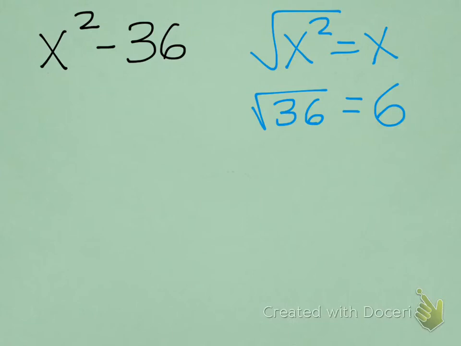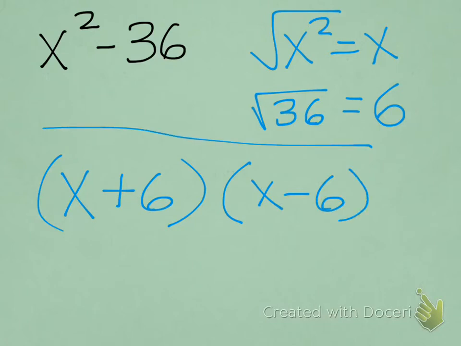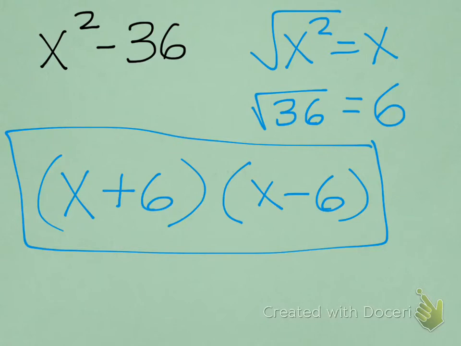So my factored form is x plus 6, x minus 6. And that's it. This is one of my favorite types of factoring because it's quick and easy. It's the same number twice, but one's a plus and one's a minus.